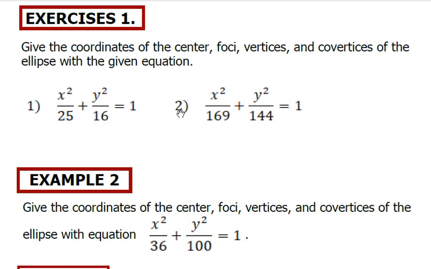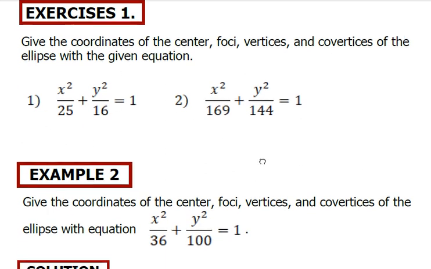Let's try to consider exercise 1, number 1. We are instructed to give the coordinates of the center, the foci, the vertices, and the co-vertices of the ellipse with the given equation. Let's start with number 1. We have x squared over 25 plus y squared over 16 equals 1.